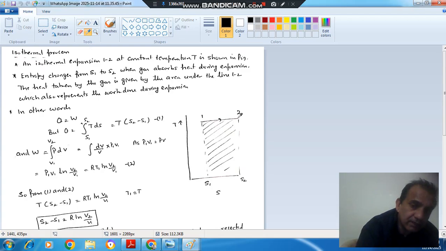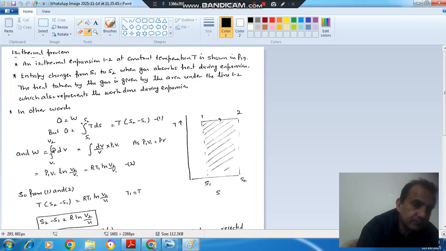At final condition, the entropy is S2. In an isothermal process for an ideal gas, there is no change in internal energy. So it means Q is equal to W, and Q is TdS. Limits are S1 to S2, so T(S2 minus S1). This is equation number 1.